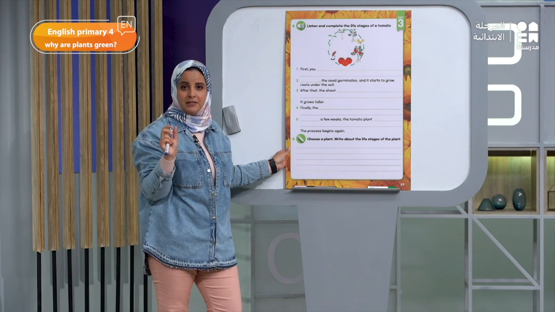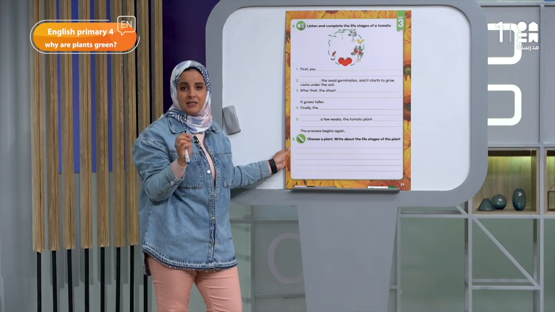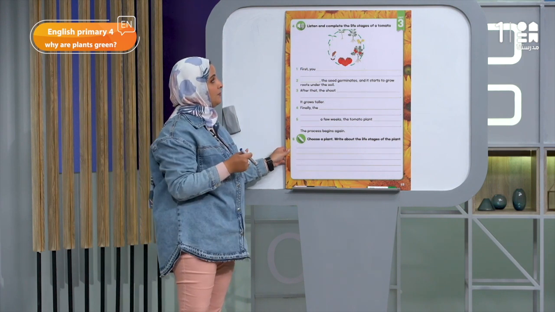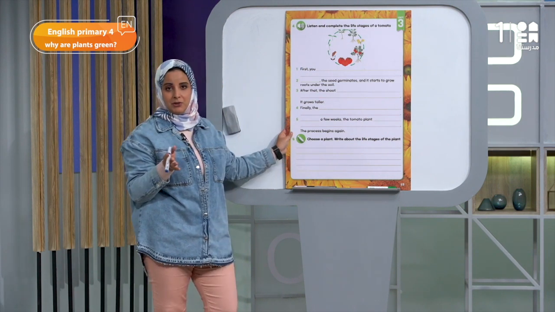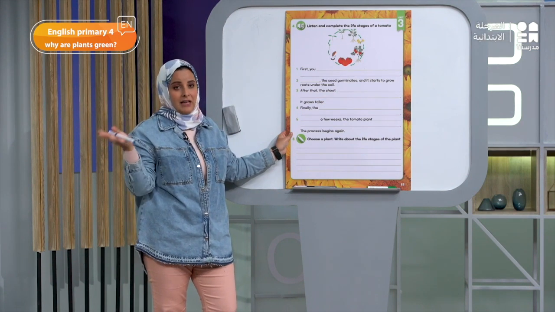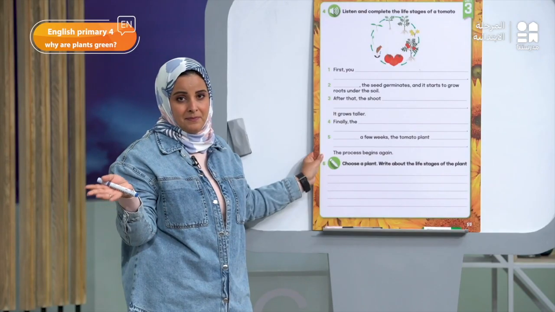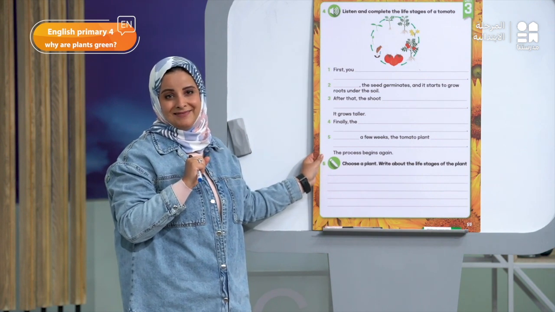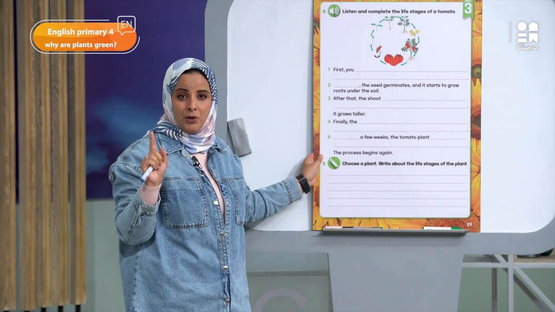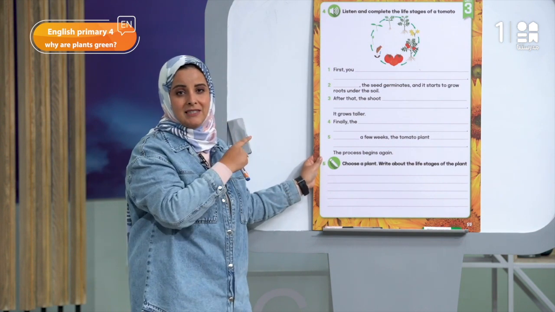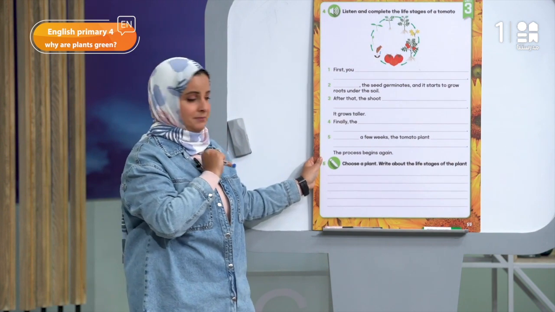The British people say tomato. The Americans say tomato. Listen and complete the life stages of a tomato. Can you tell me what is the first stage of the life stage? Very good. Planting seeds. Now, I want you to listen to the audio and then we will read the whole text to get the main idea.